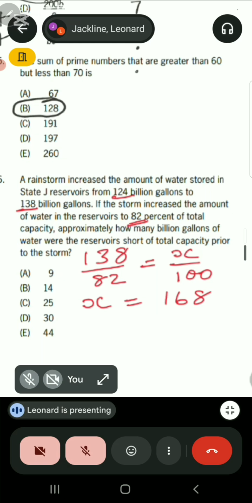Prior to the storm, that is before the storm, we had 124. So from that time to the full capacity, that's 168 minus 124, which is approximately 44, and that is the answer. So this could be a good proportion.